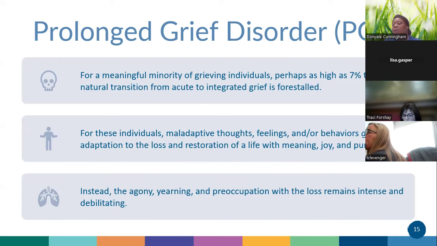Now, prolonged grief disorder may follow the loss of any close relationship, but occurs more often in parents who have lost a child and after a death of a spouse or a romantic partner. It is more likely when the death is unexpected, sudden, or violent, such as after suicide, a homicide, or an accident.